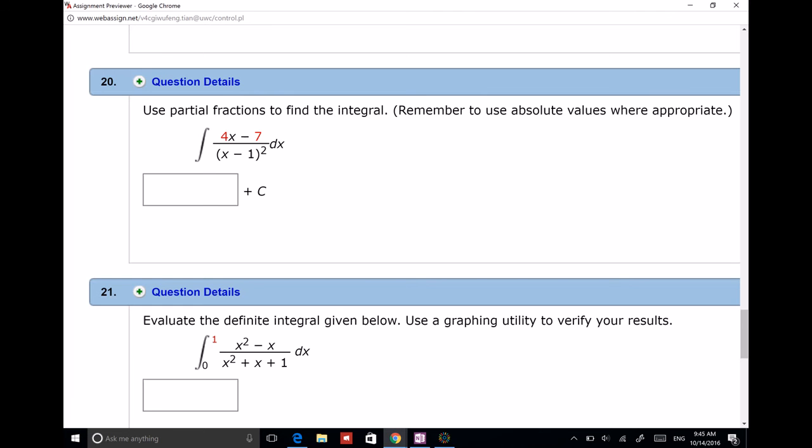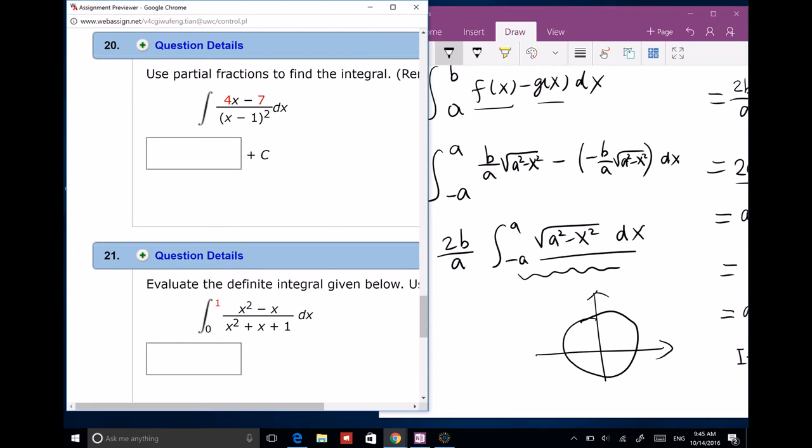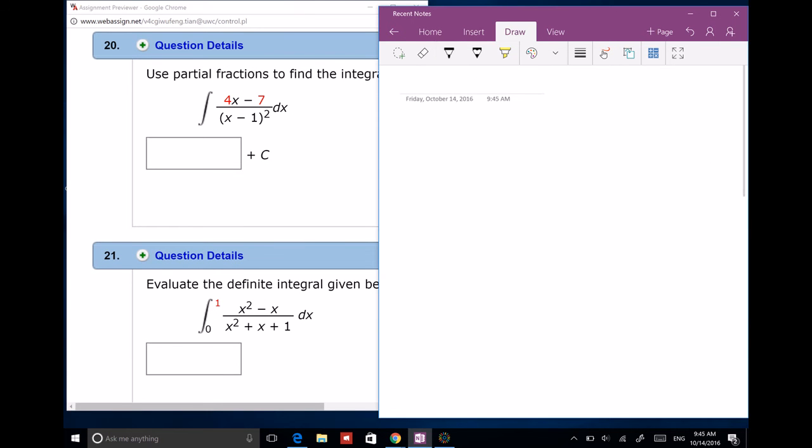Let me think. Okay. So number 20 or number 21, which one do you think you need help with? Could you do 21? Yeah, that's what I think. Number 21 is the integral from 0 to 1 of x squared minus x over x squared plus x plus 1. It's kind of like a golden rule I've probably said in class as well.